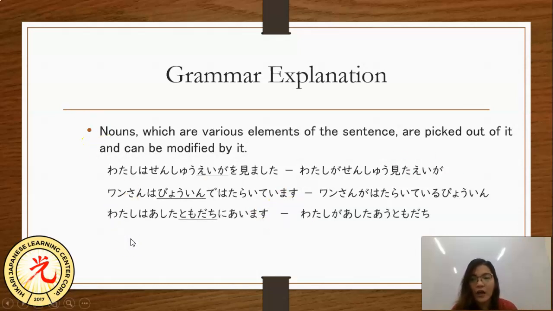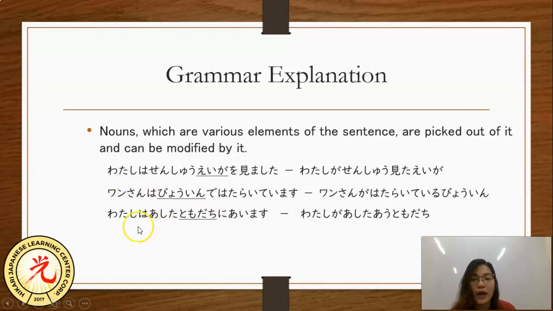Another, watashi wa ashita tomodachi ni aimasu. So, to modify it, watashi ga ashita au tomodachi. Okay?